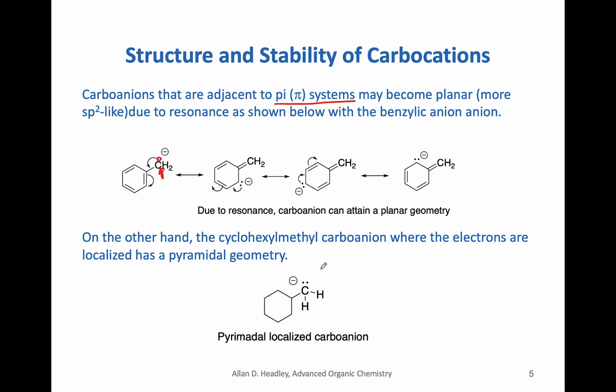So we would expect this to be pyramidal, and the charge is localized, which means that these electrons are right on that carbon. They will not be delocalized as shown here, and that would be pyramidal here, and this would be flat.